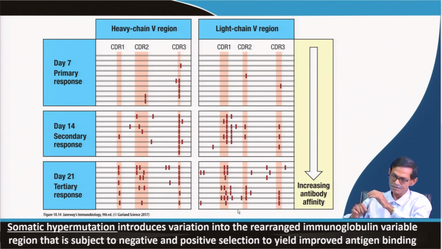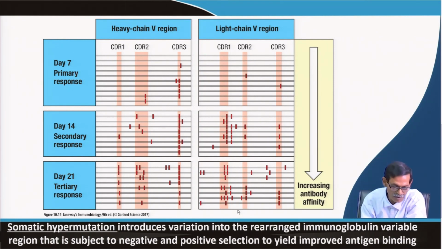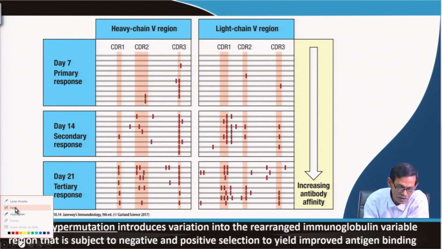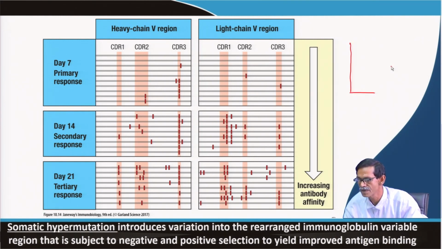If you remember, where we discussed the primary and secondary immune response, I am coming back to that. In primary and secondary response, this is the days and this is antibody concentration.